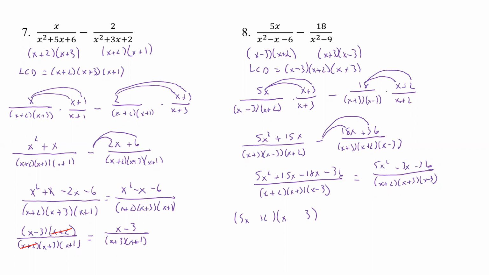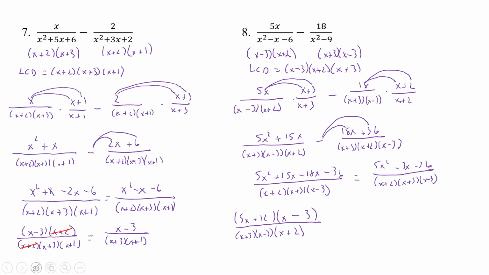That's 15 minus 12 is 3, so we need a negative here and a plus here. So that gives us 5x squared plus 12x minus 15x is minus 3x minus 36. So that looks good. All over our x plus 3, x minus 3, x plus 2.